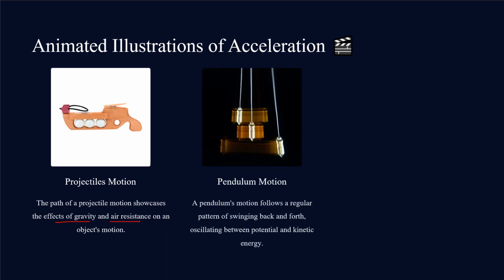In the second example, we have pendulum motion. A pendulum follows a regular pattern of swinging back and forth, oscillating between potential and kinetic energy. When we start the pendulum moving left and right, it has fast power.